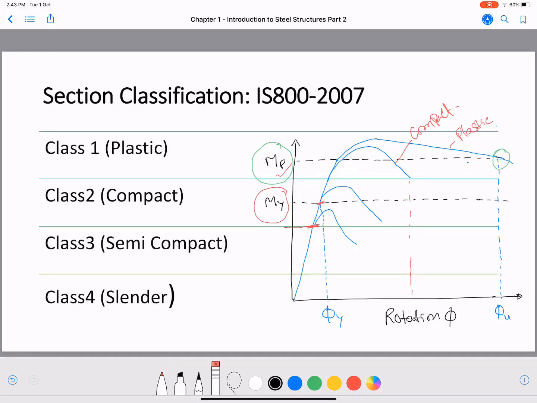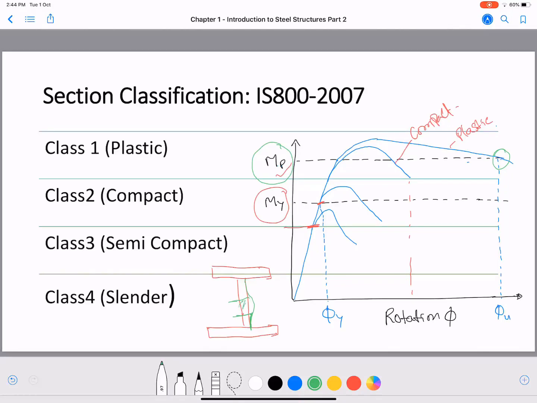Let's say, for example, we take a simple I section. If you look at the I section, even before it reaches the yield point, it will undergo buckling of, for example, the web element. So in the calculations, the complete sectional properties will not be available, because this portion has already buckled locally before it reaches the yield point.